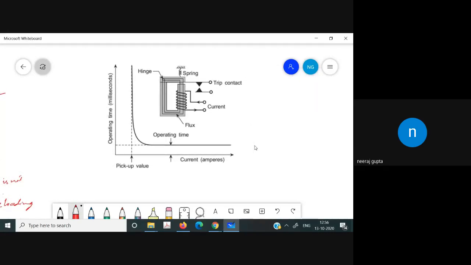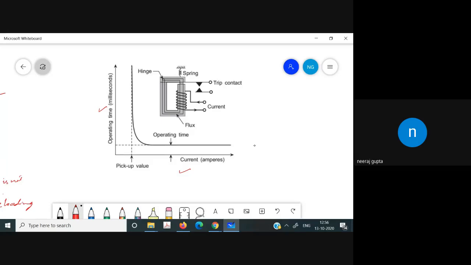So these are the time current characteristics of this type of relay. Now this relay is similar to the overcurrent relay. However, no time setting is there in it.